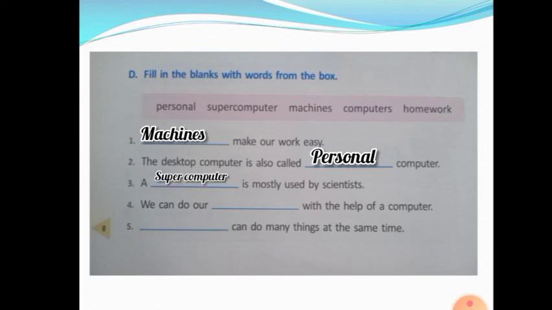Supercomputer. The fourth one, we can do our homework with the help of a computer. So the answer is homework. The fifth one, dash can do many things at the same time. Computers can do many things at the same time.